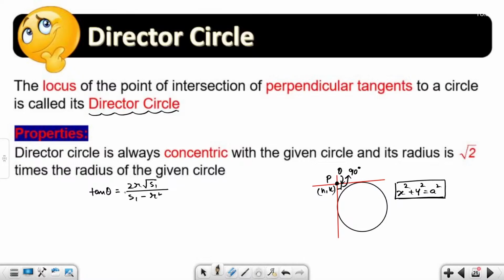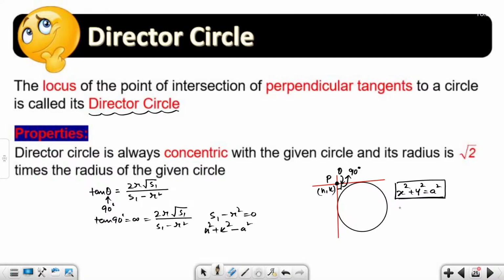Now according to the definition, this angle theta is 90 degrees. So tan 90 is undefined, which is true only when the denominator equals 0. So S1 minus r square is 0. What is S1? S1 is the power of the point P with respect to the circle, which in this case is h square plus k square minus a square.